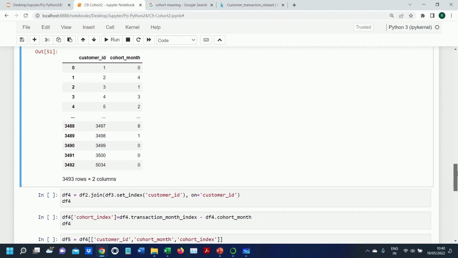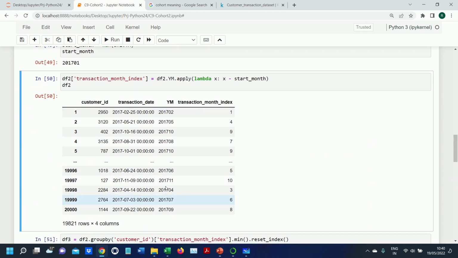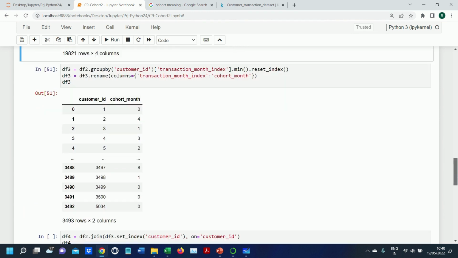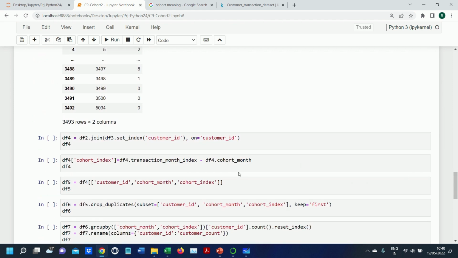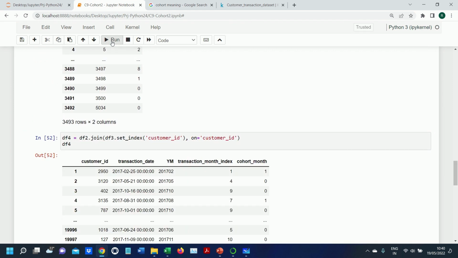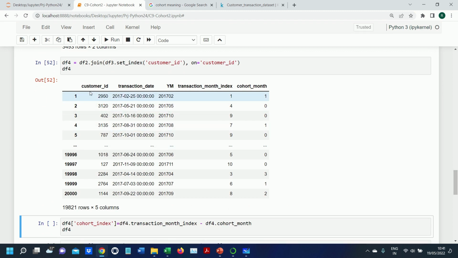Now if we join these two data sets, the data set representing all transactions and the data set showing only the first transaction month of each customer, we are going to get a more informative data set which shows all the transactions: this is the customer ID, this transaction has happened in this month, and the customer has joined the business in this month.